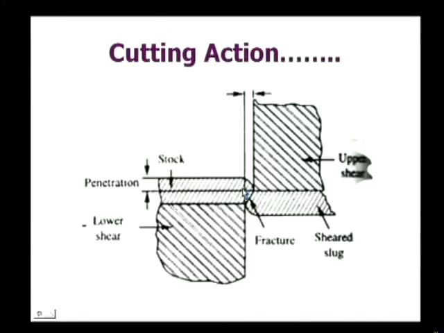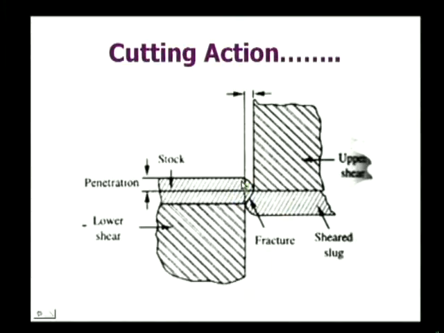To cut the material, the punch need not move through the entire depth of the stock. If it moves partway, through some depth, the cutting action will be completed, and this depth through which it moves downwards for cutting action is known as penetration.